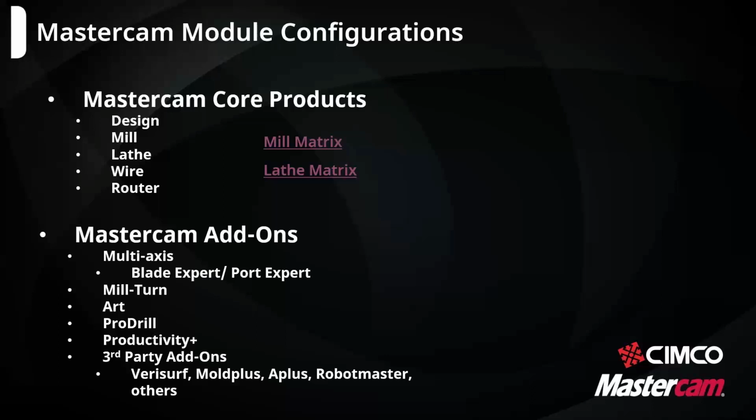One of the newer ones out there is called A Plus from a company called Cam Manufacturing. We've actually had a couple customers recently add this on. Basically it's a 3D printing type application for Mastercam, but it's mainly for the deposition style heads that are being put on machines.